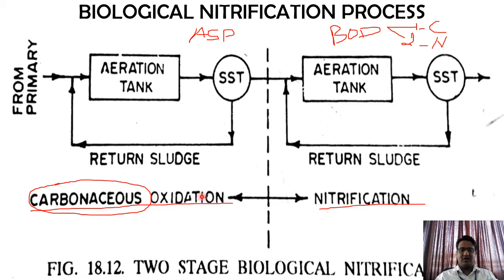If you want to have the nitrification process, you first need to go through carbonaceous oxidation, and only then does it come to nitrification. Without carbonaceous oxidation you cannot go for the nitrification process. In wastewater, initially the carbonaceous matters get degraded, and then the nitrogenous process starts.